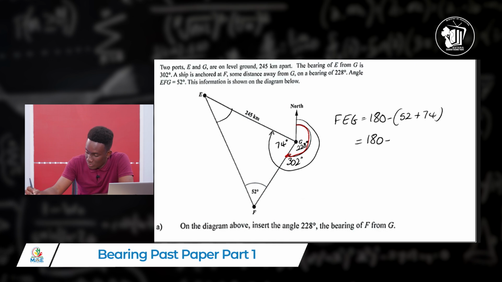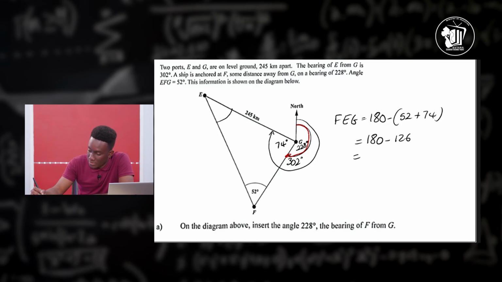So 180 subtract 126, which would give us 54 degrees. So angle FEG is equal to 54 degrees.